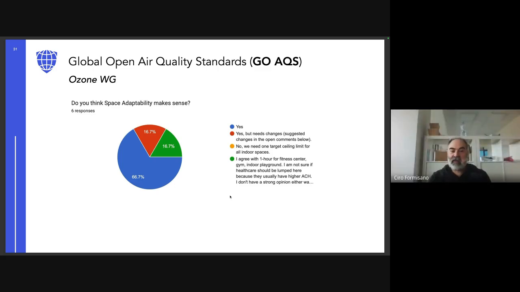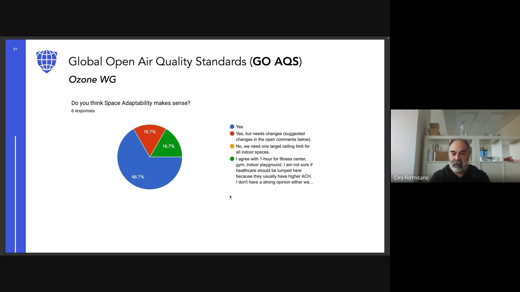For me, whatever is easier to give the right sign that we are taking care of ozone without making things too complicated. If we adapt to geographic zones, like South of Europe and Northern Europe, it makes things too complicated to understand. And even if we adapt, for example, for gyms, because we assume there is some use of ozone to clean, it makes things complicated as well.